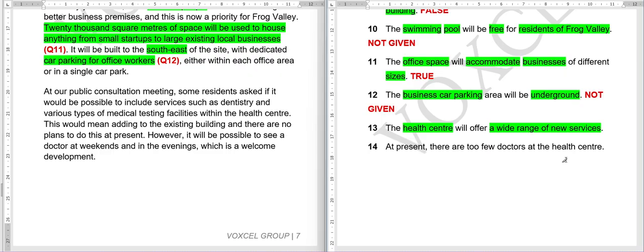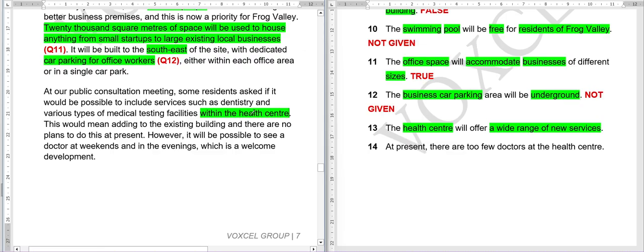But if we don't know whether there will be any health center or not, whether it will offer new services or not, or what it will offer, we will say not given. Let's read the paragraph now. At our public consultation meeting, some residents asked if it would be possible to include services such as dentistry and various types of medical testing facilities within the health center.